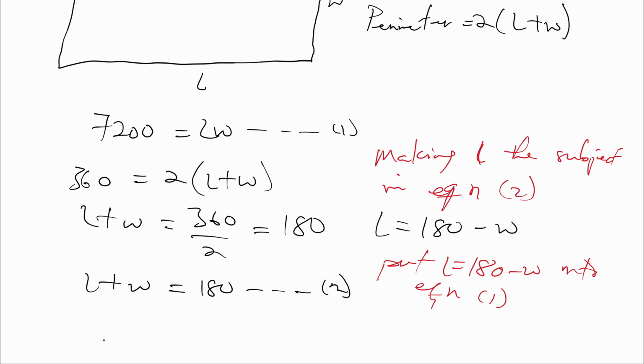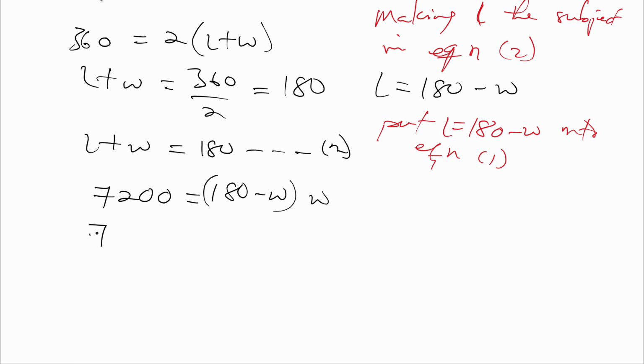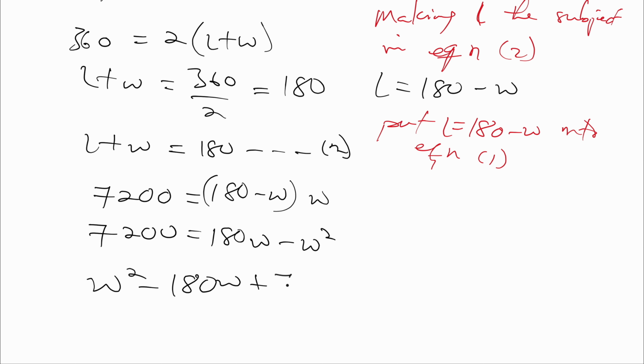So we have 7200 is equal to 180 minus W times W. When we expand, we get 7200 is equal to 180W minus W squared. So we can equate everything to 0: W squared minus 180W plus 7200 is equal to 0.